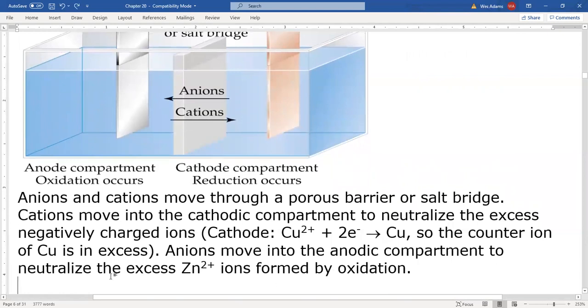So cations and anions move through the porous barrier in this case, or the salt bridge as in the previous case. The cations are moving to the cathode compartment to neutralize excess negatively charged ions produced because the cation's been used up in the reduction. And the anions are moving to the anode compartment to neutralize the excess zinc 2 plus that's being formed by the oxidation.